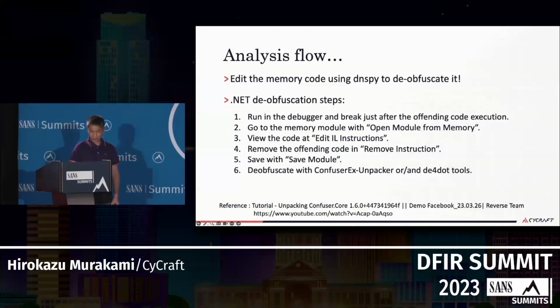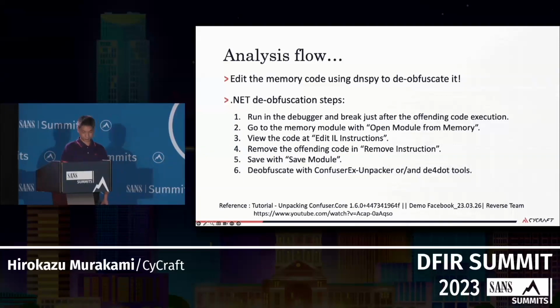Our team tried to remove the code that causes errors in parsing. The code that is removed must be analyzed and understood without deobfuscation. The solution for how to achieve this uses dnSpy.